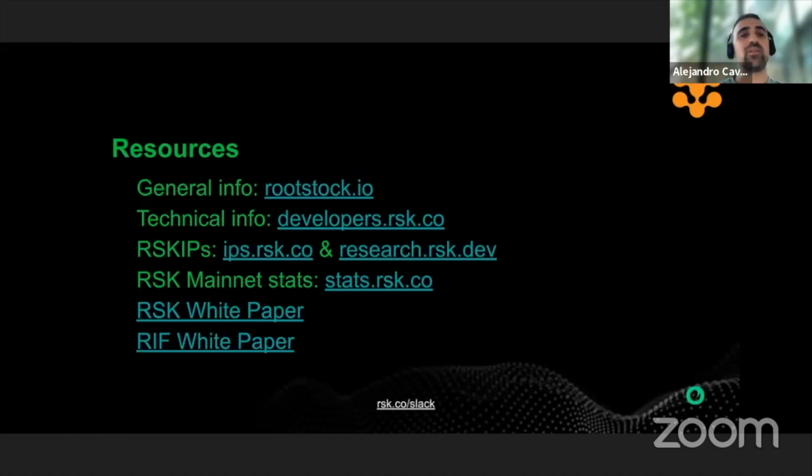If you are more interested in science, you can go to the RSK IPs or the research forum, for example. If you want to see the numbers, you can go to the stats website. You can read the white papers, Rootstock and Reef white paper.